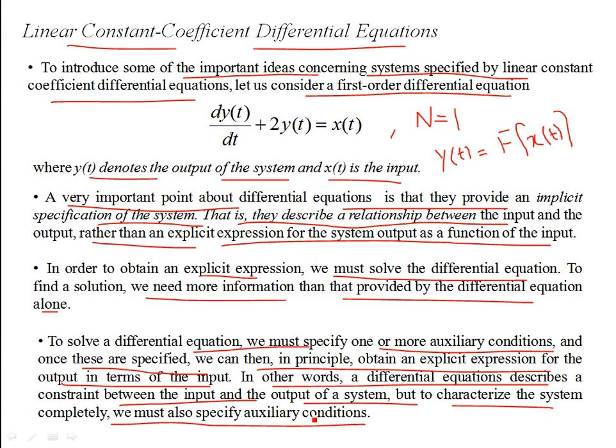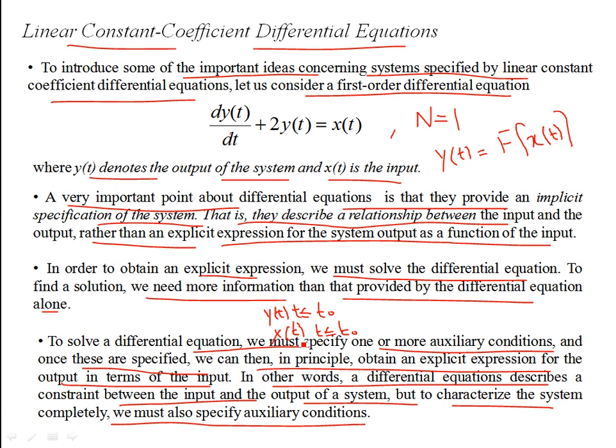For example, if the system is linear time invariant and it is also causal, then the output y(t) will be the same as the input up to a certain time, call it t naught. Up to t equal to t naught, x(t) is your input, and there is some input behavior.